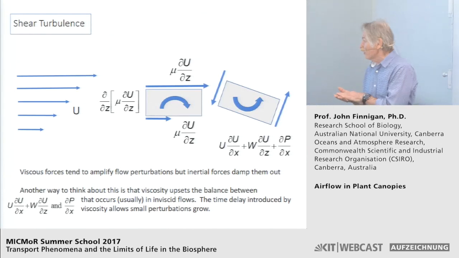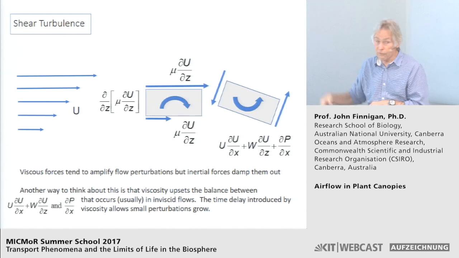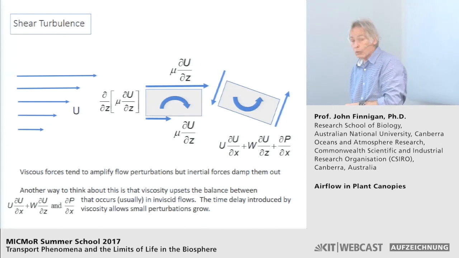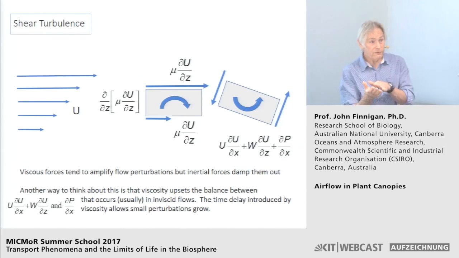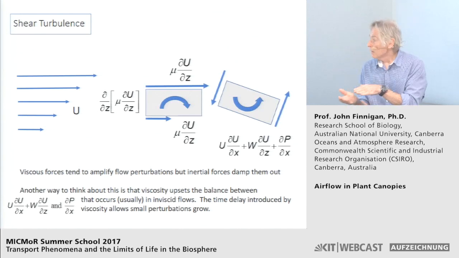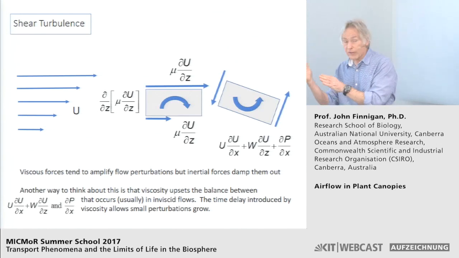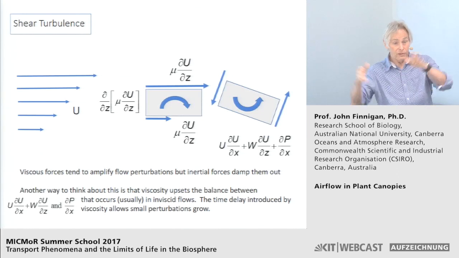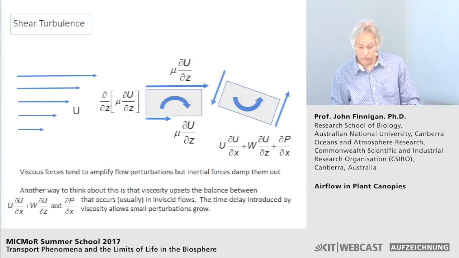If you have no viscosity, then a boundary layer profile like that with steady increase in velocity won't go turbulent at all. So you can think of viscosity as a kind of delaying thing, which means that the inertial force gets out of step with the pressure force, and things can cascade out of control and become turbulent.